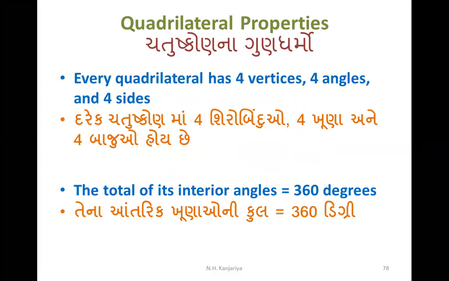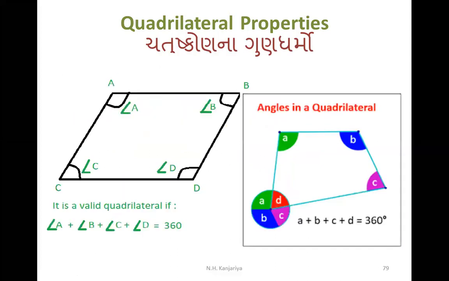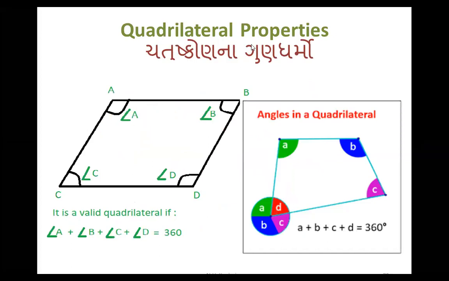The second property is that the sum of all interior angles is 360 degrees. ચતુષ્કોણના બધા ખૂણાનો સરવાળો 360 degree થશે. So look here. If you have a quadrilateral, take the sum of all angles A, B, C, D and you get 360 degrees.